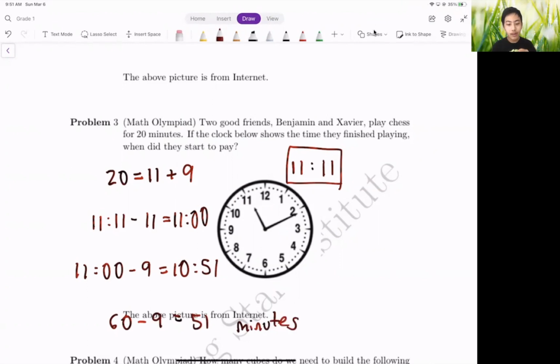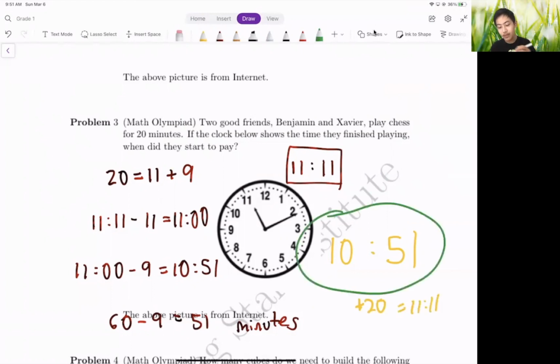So therefore, the time that they started playing is 10:51. You can double check this by adding 20 more minutes to it, and that still gives you 11:11. So the answer is 10:51.